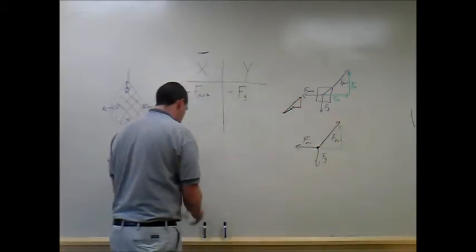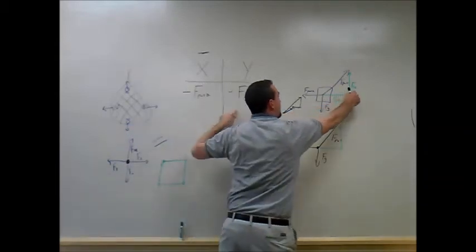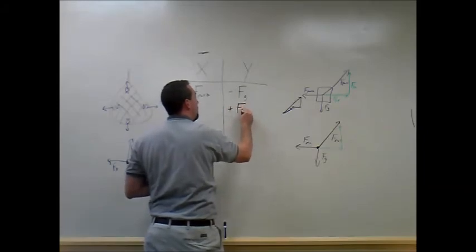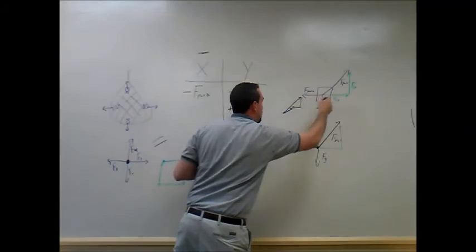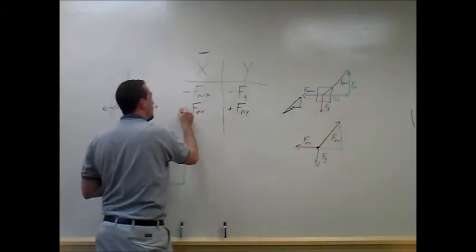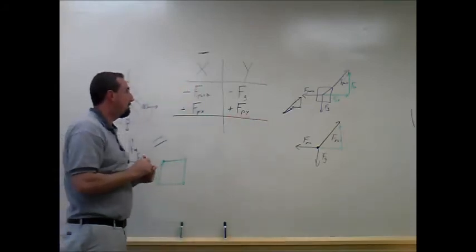So let's do that. We'll put it in our table. In the y direction, I have a positive component of the pull, positive F pull in the y. And in the x direction, I have a positive F pull in the x, Fpx. Well, that's everything, so I can add them up.